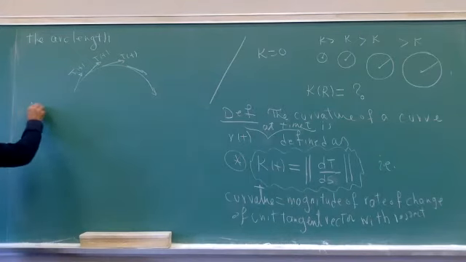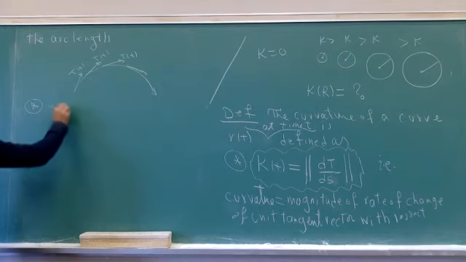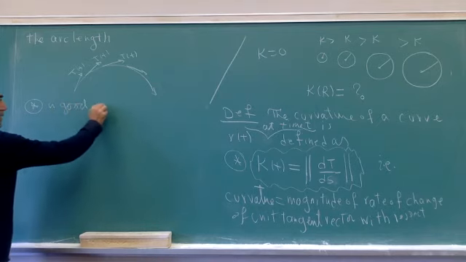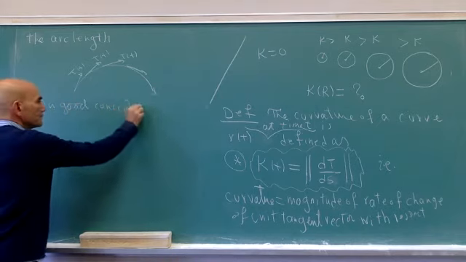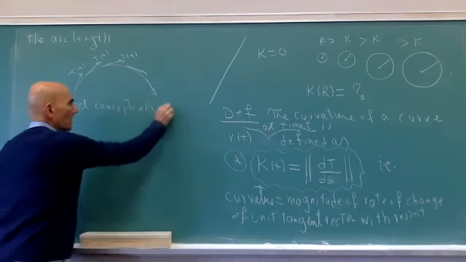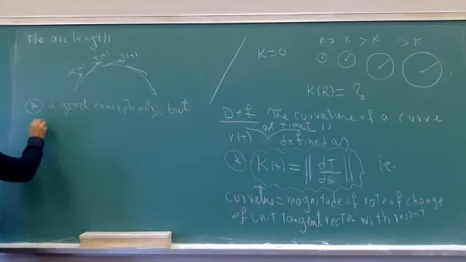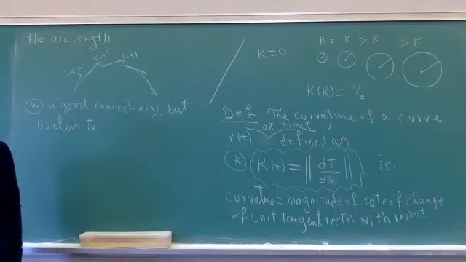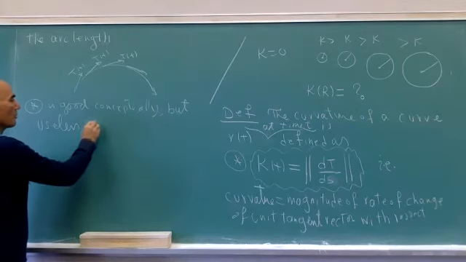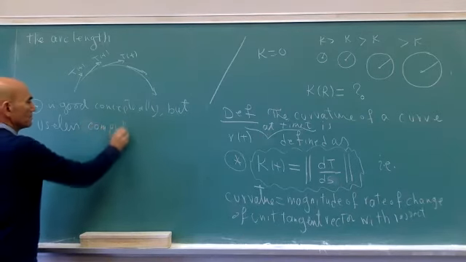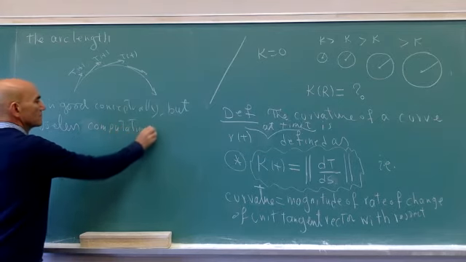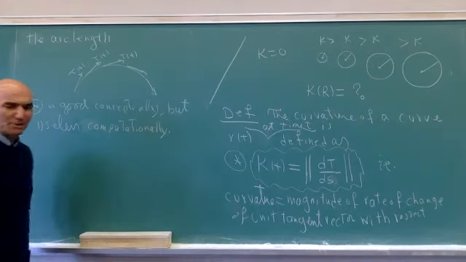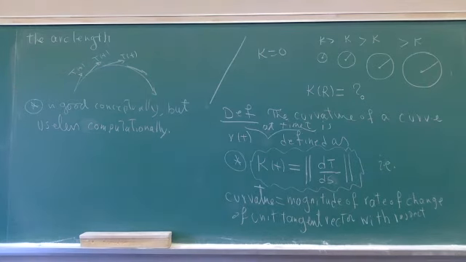Star is good conceptually, but useless calculationally, or computationally, so useless computationally. There are always these two aspects of things, right? Something you understand conceptually, but you cannot compute with the original definition.